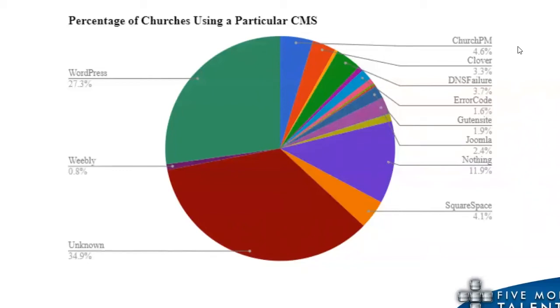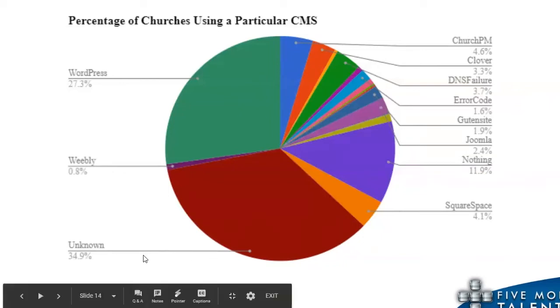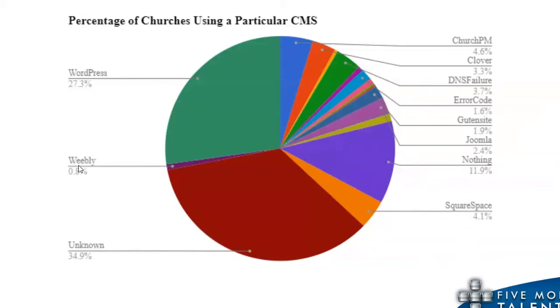And you can see a number of less popular content management systems: Squarespace, Joomla, Weebly. In some cases, there was a DNS failure, which means perhaps the website was down.